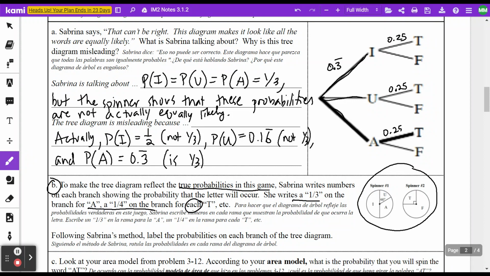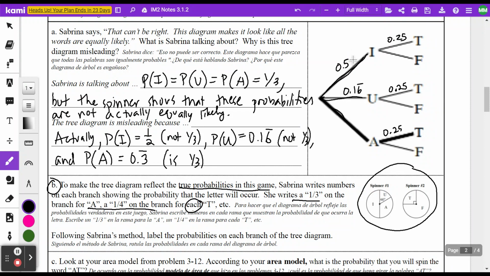All right, let's label each branch. What was the probability of U? 0.16 repeating. The probability of I was 1/2. I made a mistake. The probability of I was 0.5.